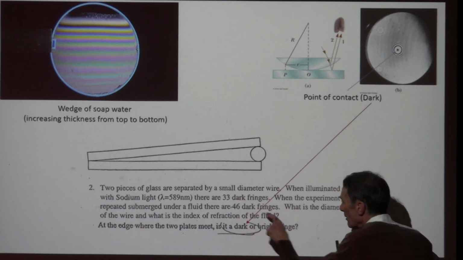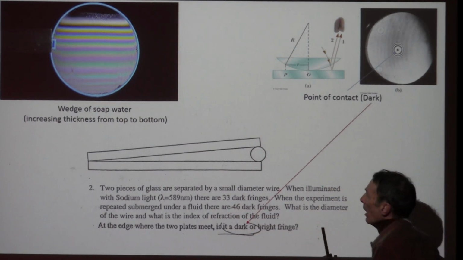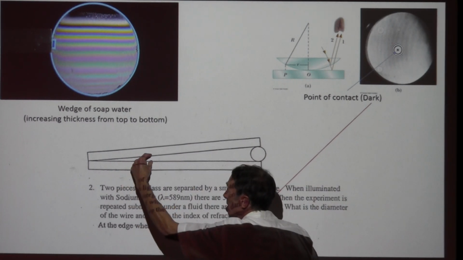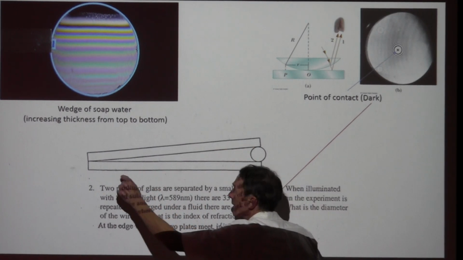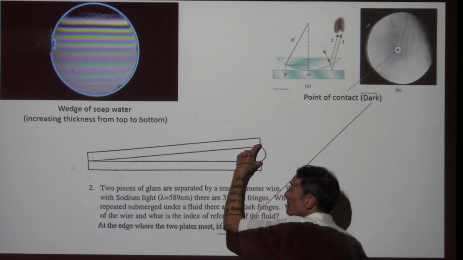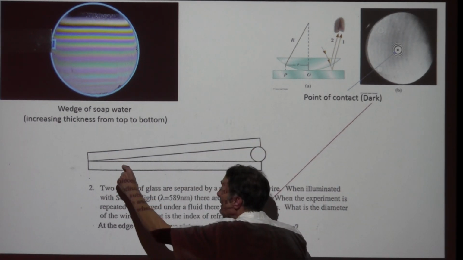It goes on to do another part of this, but let's just look at the idea that as we go across here, we shine this light in, there are differing thicknesses across this thing. It starts out at zero thickness, all the way up to the thickness of that wire. And we're going to start to get some banding of colors.